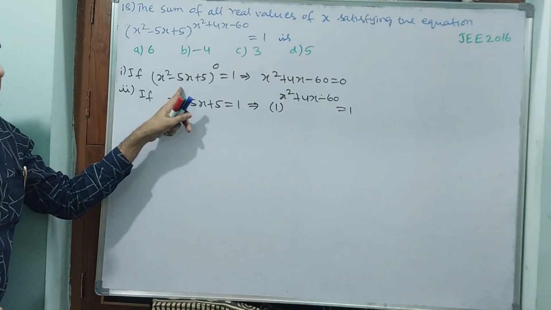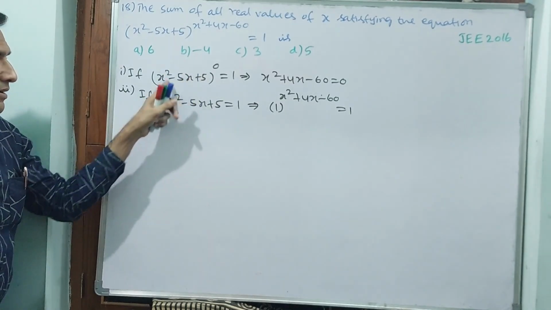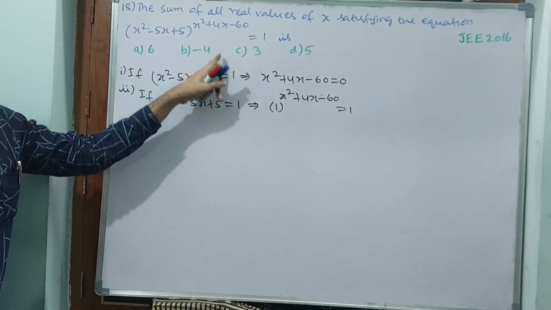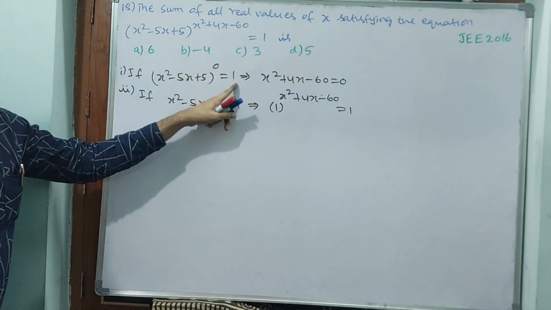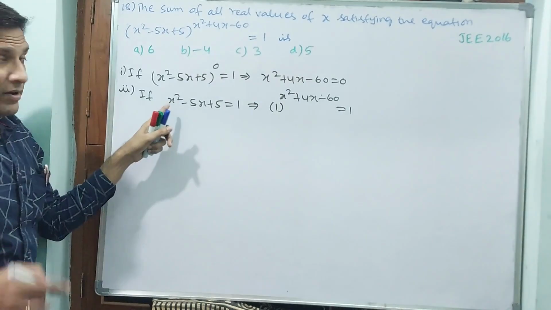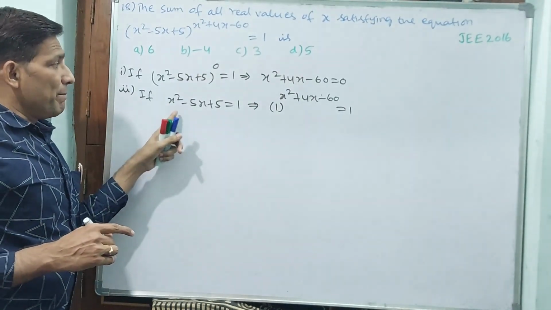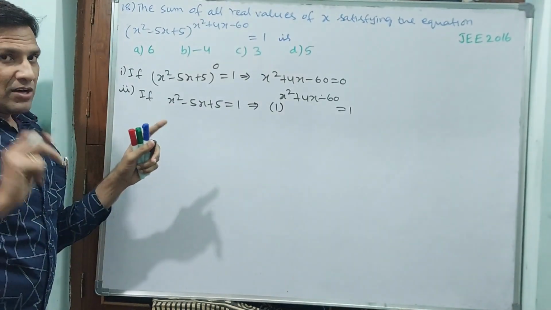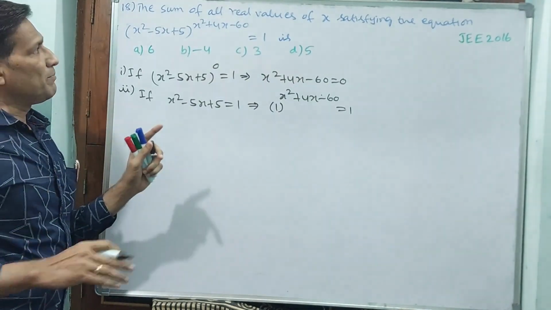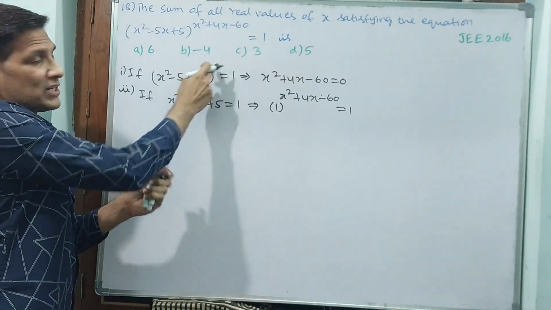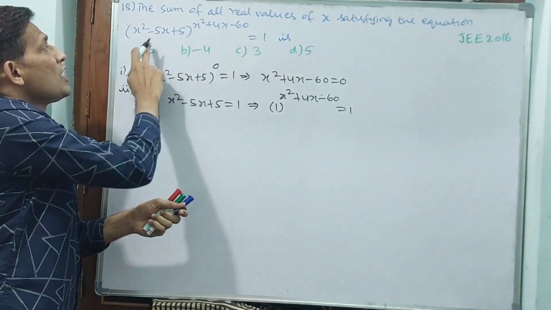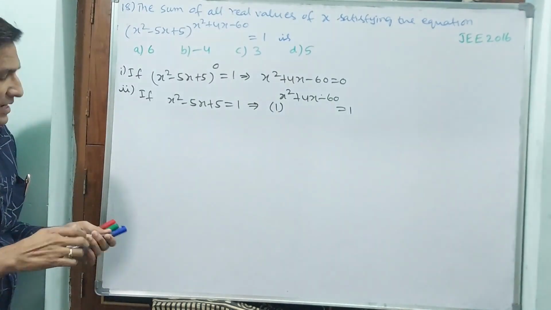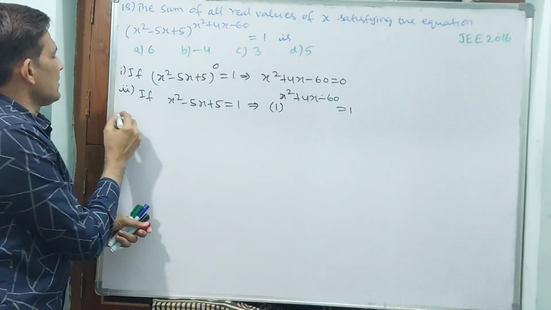If the base is something but the power is 0, that is also 1. That is the first condition. The second condition: the power is not 0, but the base should be equal to 1, since 1 power something is 1. Okay, that is one condition. And another condition also I am telling, the third one.